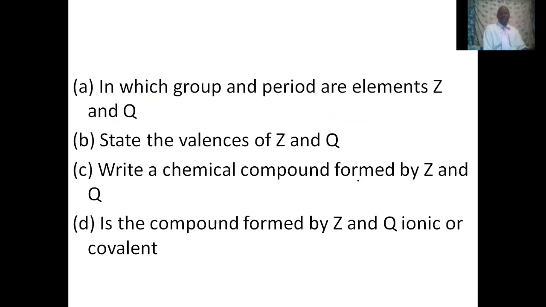The first question is: in which group and period are elements Z and Q? For you to determine the group to which an element belongs, you look at the electronic configuration.